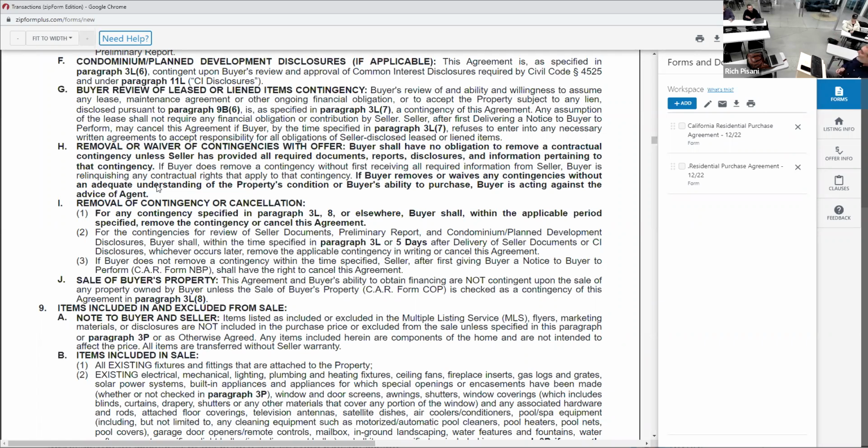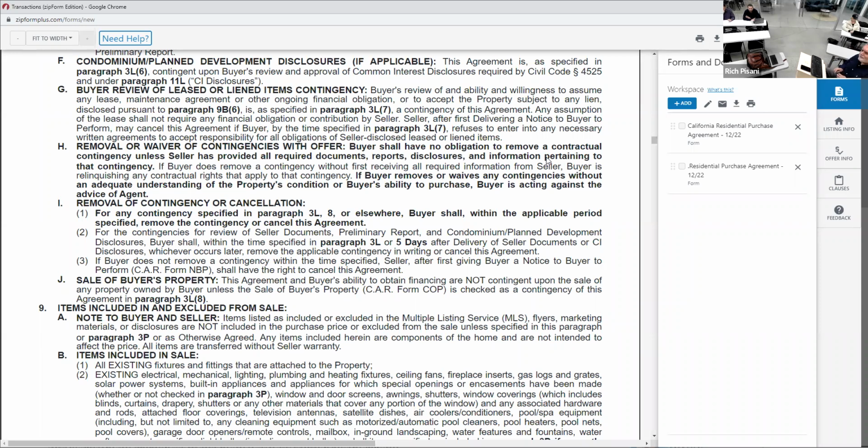No, I don't have this information. I need this information before I can sign it. Now, there are still agents who want to argue with you about that, but if buyer removes or waives any contingency without an adequate understanding of the property's condition or buyer's ability to purchase, buyer is acting against the advice of the agent.